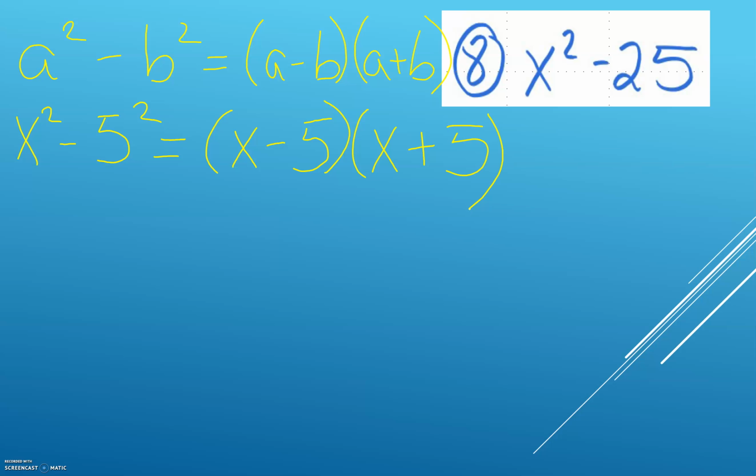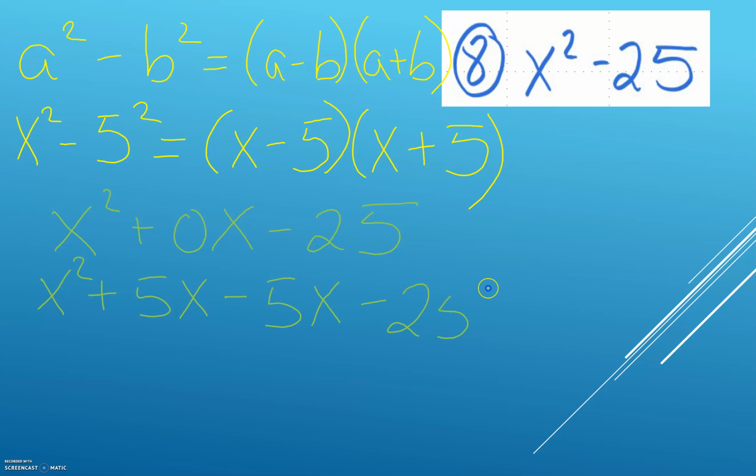Now, if you forget about that rule, there is another option. We could think of this as being x squared plus 0x minus 25. So we'd have to think of two numbers that multiply to give us negative 25 and add to give us 0, which could be plus 5x minus 5x. And we have our minus 25 at the end.